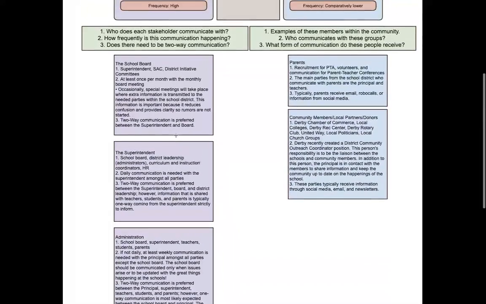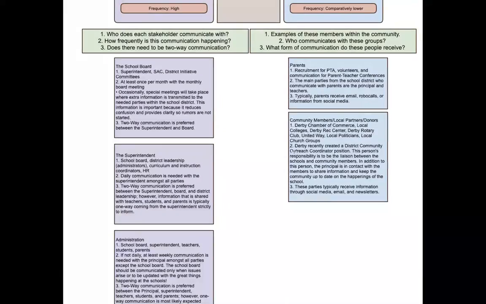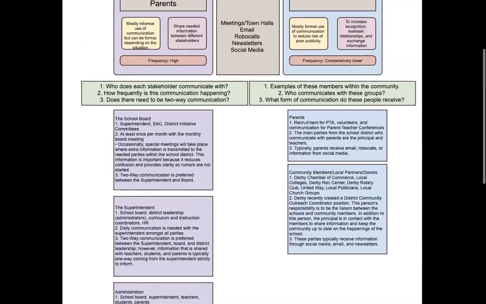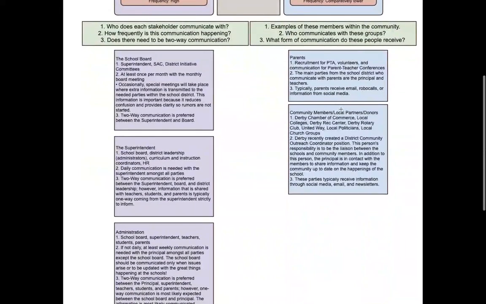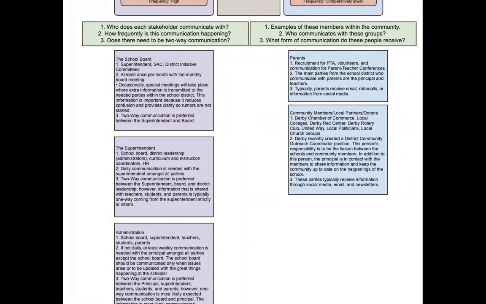I also wanted to point out something unique about the Derby School District. When talking about the external publics, the community members, local partners, and donors, there was a position created in Derby called the District Community Outreach Coordinator. This person's responsibility is to be the liaison between the schools and the community members.